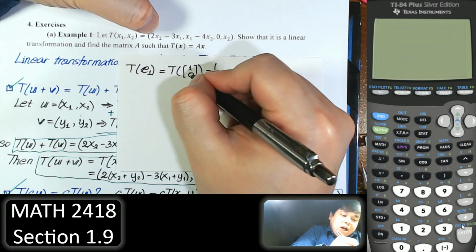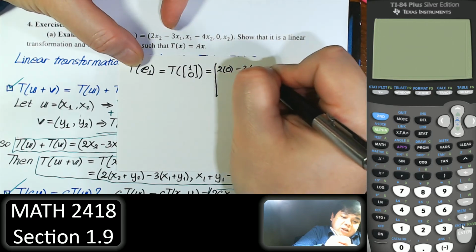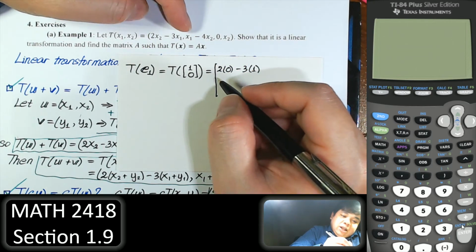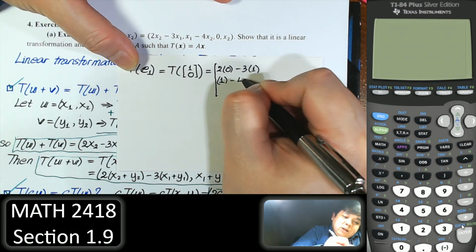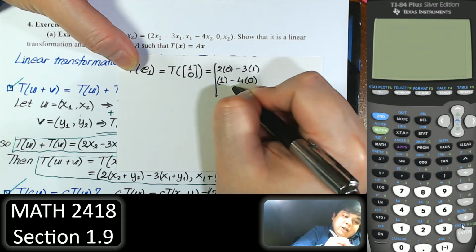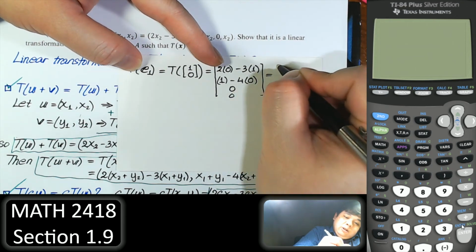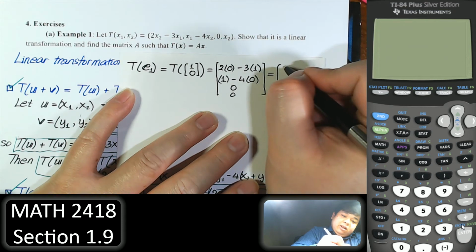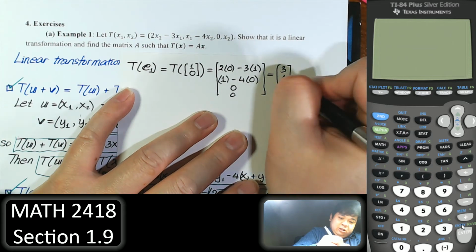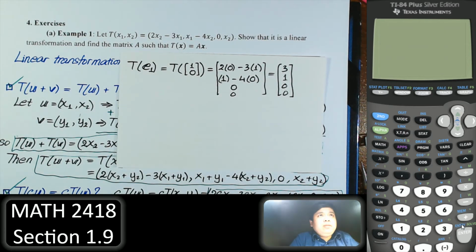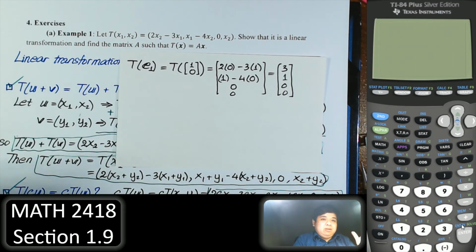It says 2 times the second component, 2 times 0, minus 3 times the first component. On the second one, the first component minus 4 times the second component, and then 0, and then the second component is 0. So we have minus 3, 1, 0, 0. Right, so that is the transformation applied to the vector 1, 0.